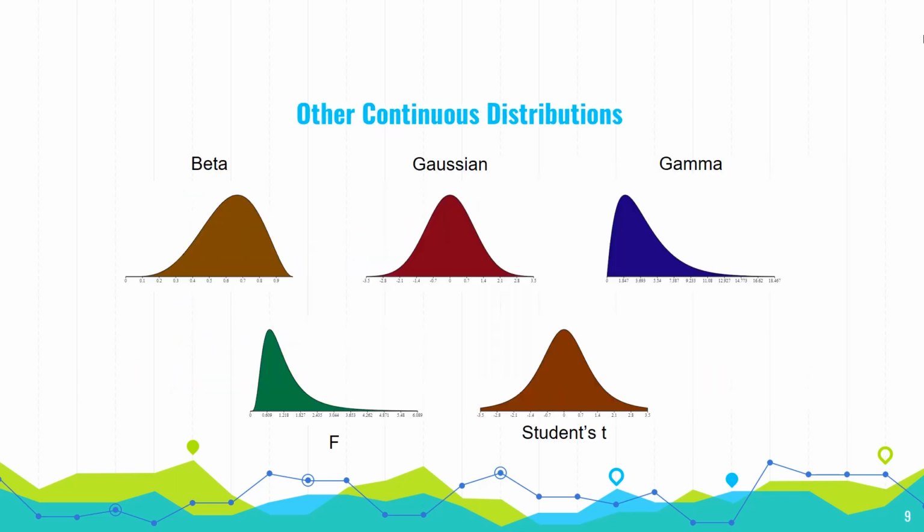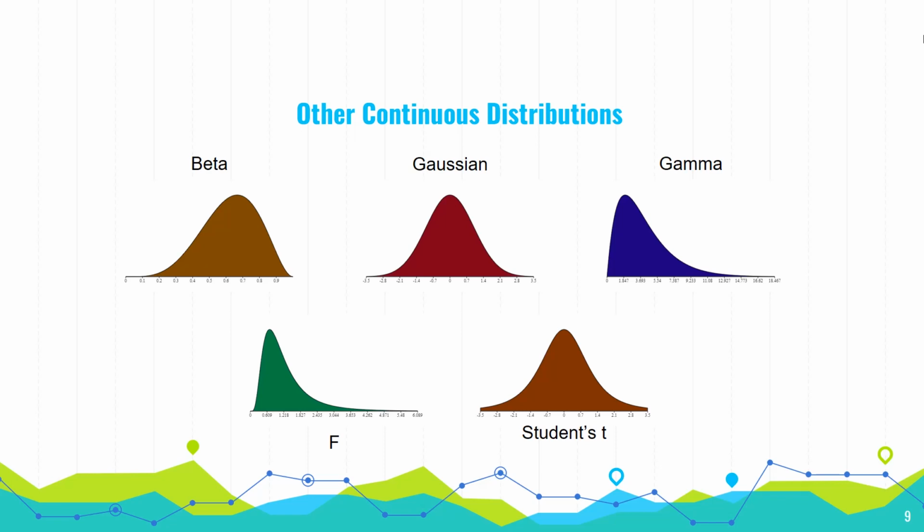Here I'm just showing you a handful of other continuous distributions. The beta distribution is useful for modeling an unknown probability. The Gaussian distribution, also called the normal distribution, we'll talk about more in depth next week.